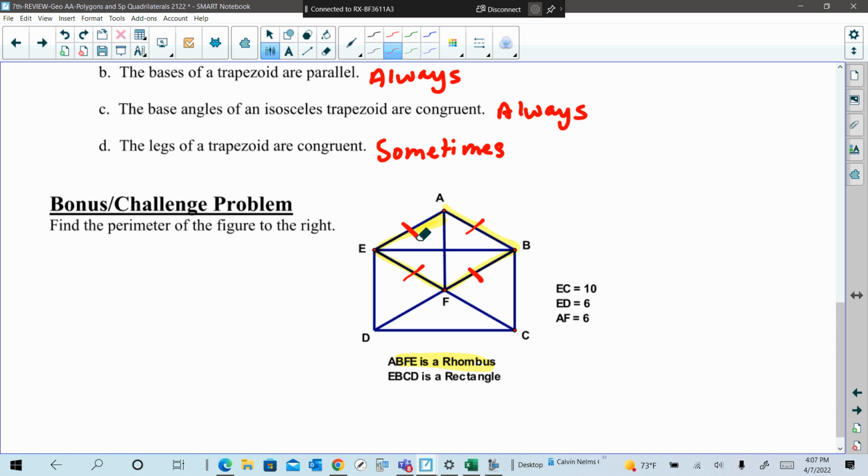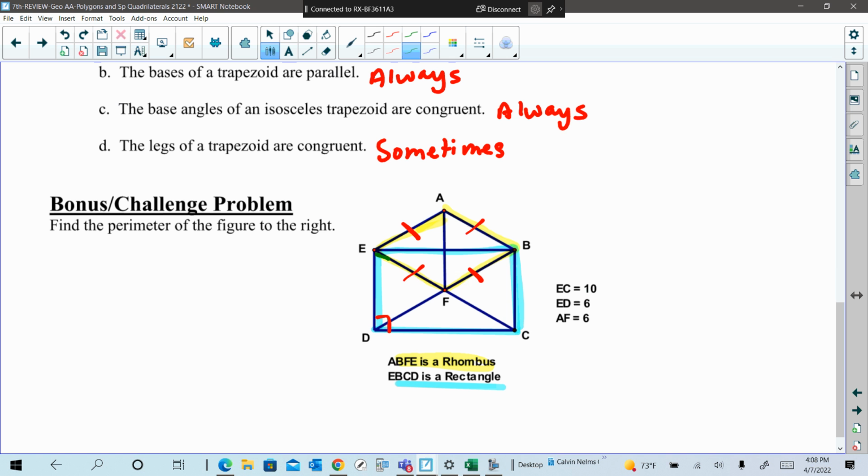And then they tell us that you have a rectangle E, B, C, D right there, okay? So then I'm going to start, for it to be a rectangle, it has to have a right angle, right? And in a rectangle, the diagonals are congruent and bisect each other.